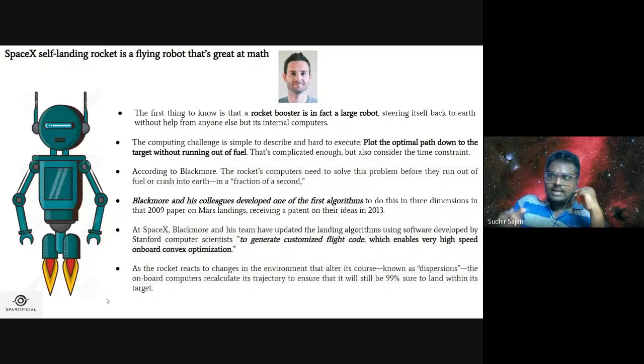How is it related to machine learning? How is it related to control theory? We really need to understand that because this guy made a revolution. Because of him, SpaceX is now able to land its rockets safely, and because of him, SpaceX is soon going to land a rocket on the surface of Mars.